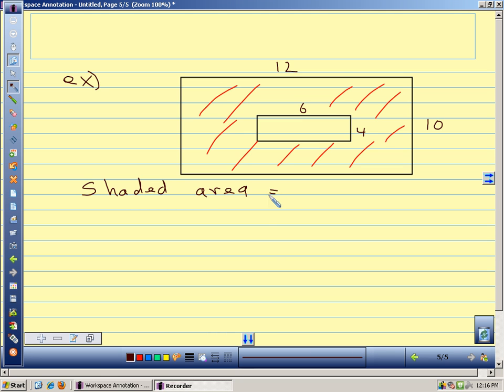So how can we go about finding the area of the shaded part here? You just do 12 times 10, and then you subtract 6 times 4. So Andrew says we do 12 times 10, and we subtract 6 times 4.